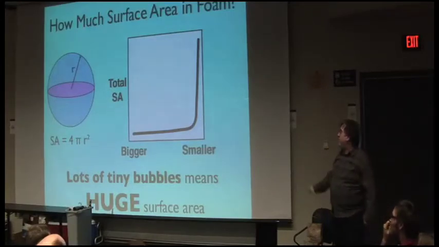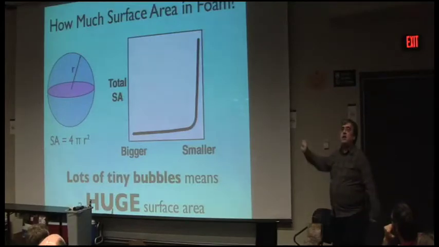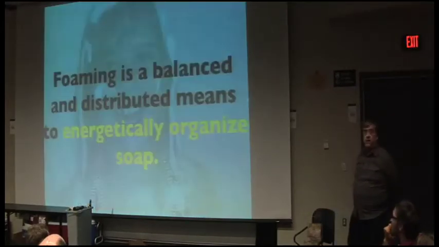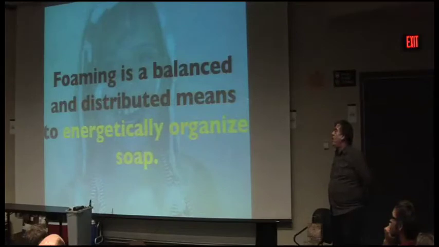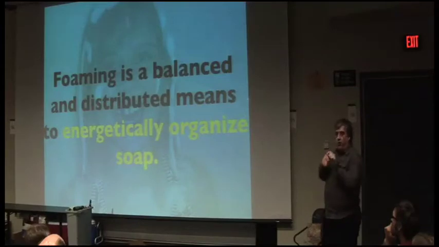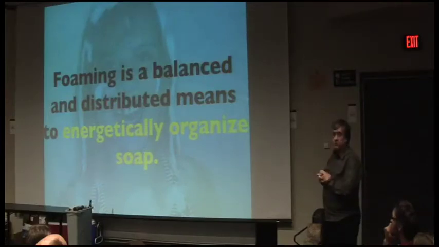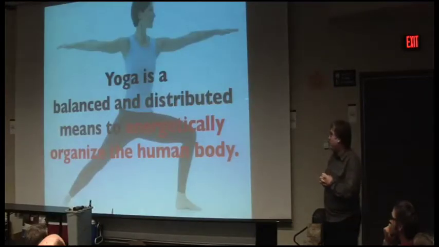And it turns out the most important thing is that if you have lots of tiny bubbles, you'll have a huge surface area. That's the key to why foaming soap is a good cleaner, because all the little bubbles are available for cleaning at any given point. And if a few bubbles pop, it's no big deal because there's a whole bunch of bubbles distributed through the rest of the foam.